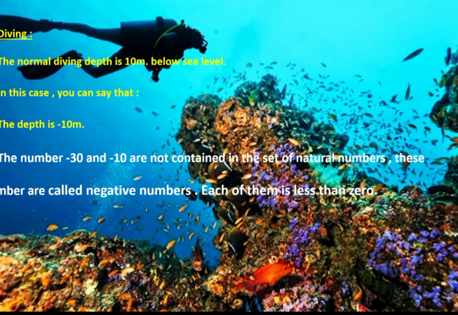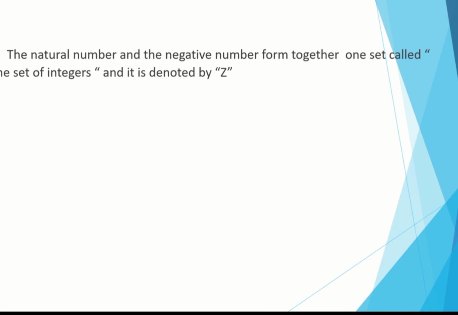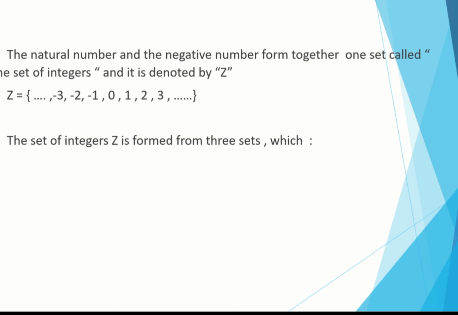So today we take a new set, called the set of integers, and we denote it by Z. Z contains the set of negative numbers, the set of 0, and the set of positive numbers. The set of integers Z is formed from 3 sets.